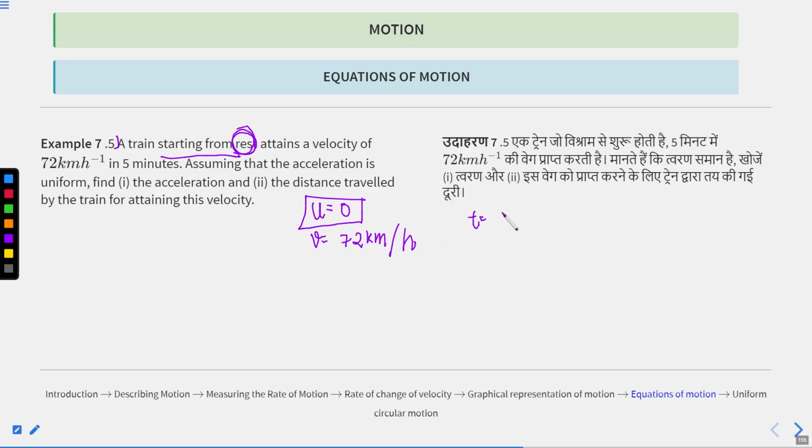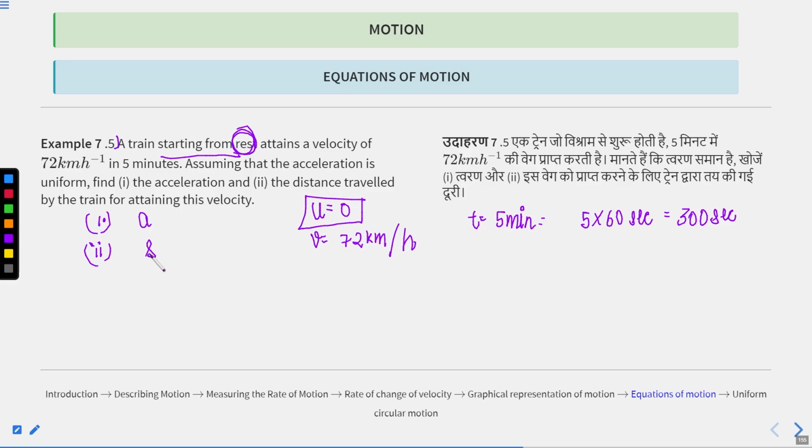Time is 5 minutes. Convert 5 minutes into seconds, 5 into 60 seconds, which is 300 seconds. Assuming that the acceleration is uniform, we have to assume acceleration is uniform first. In the first part, you have to calculate acceleration. In the second part, you have to calculate distance.